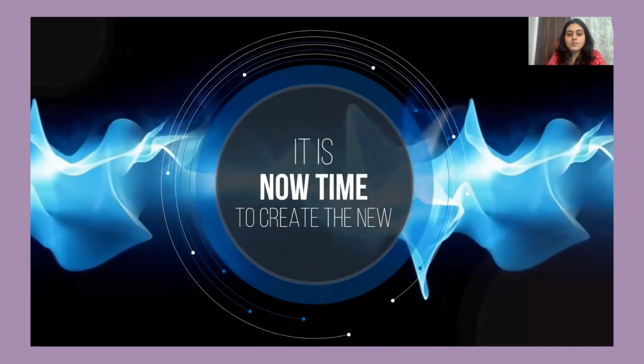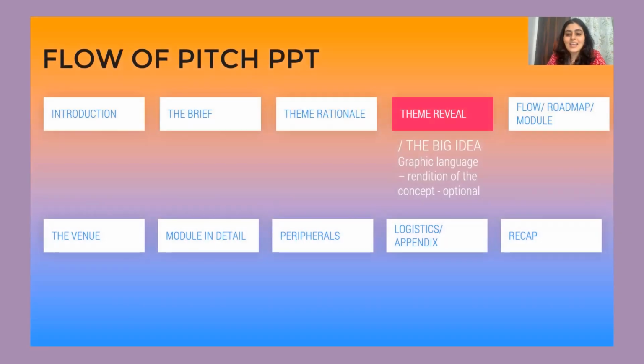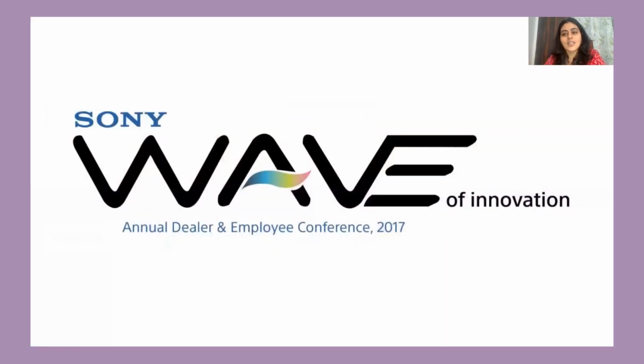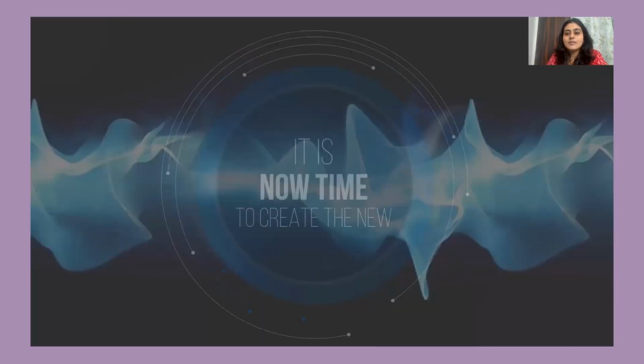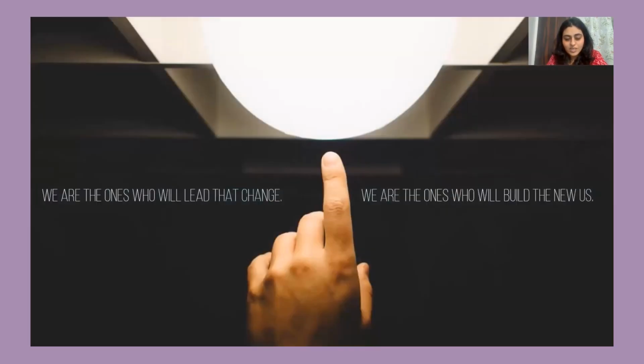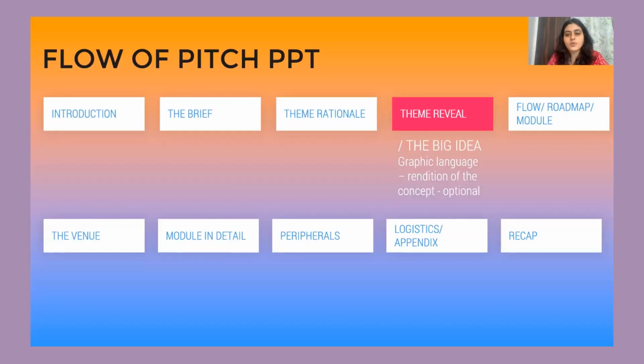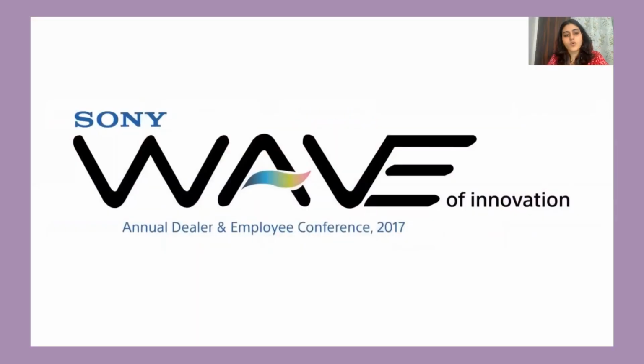So it is now time to create, and then you reveal the big idea. Right before this big reveal, we had the theme rationale, and then we go into the theme reveal. So you reveal the logo of the event that you're trying to propose.